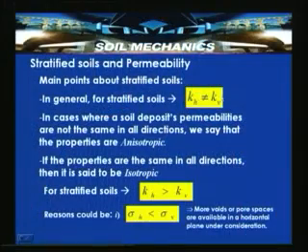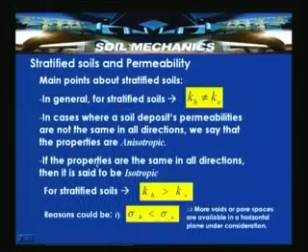So, if this particular condition like Kh is not equivalent to Kv holds, such types of soil deposits are said to be anisotropic soils. From the flow point of view, if the permeability is not identical in both directions under consideration, then we can say that it is anisotropic in condition.